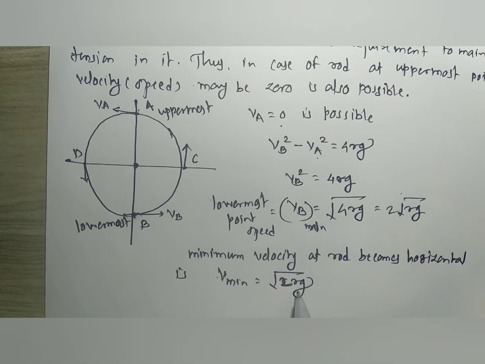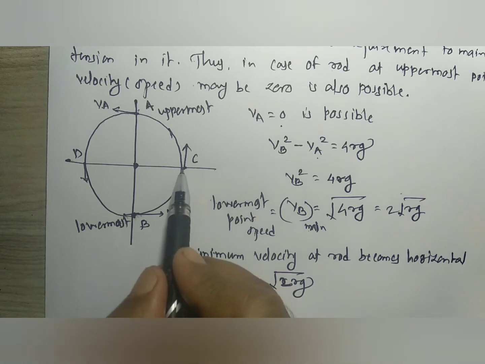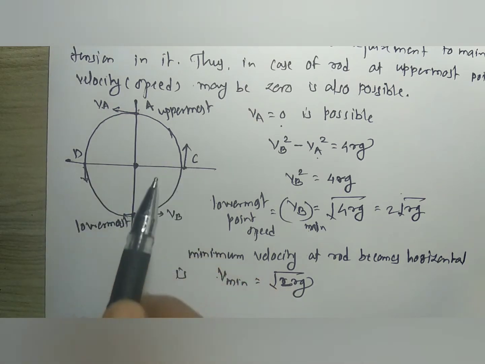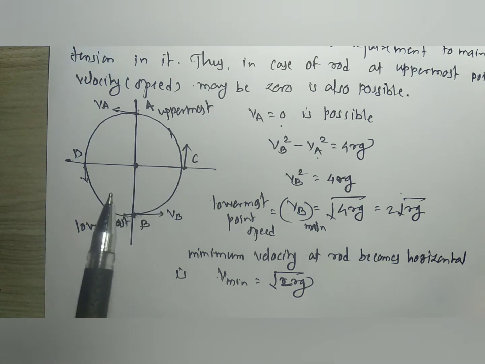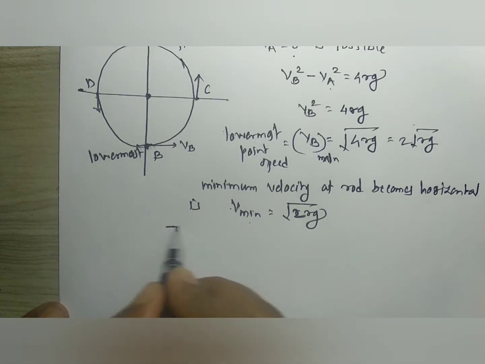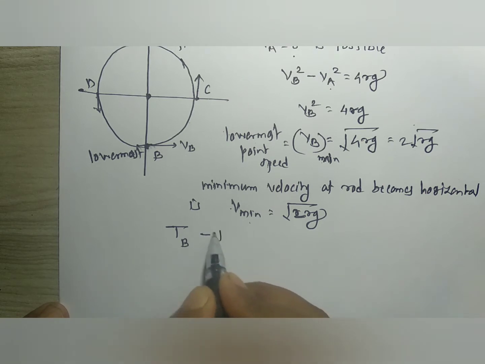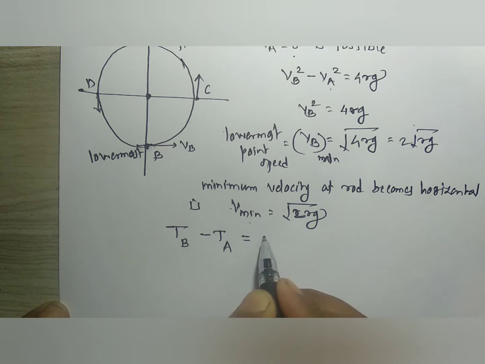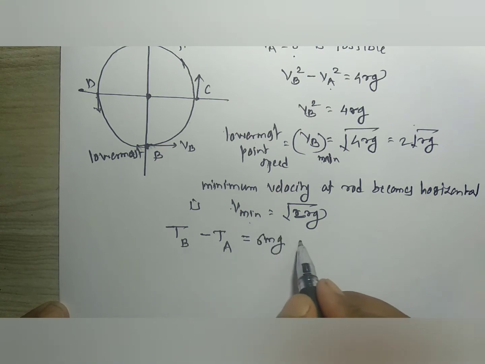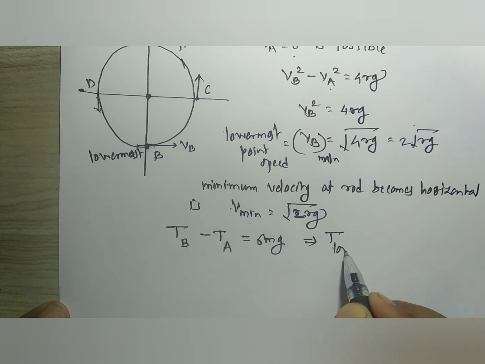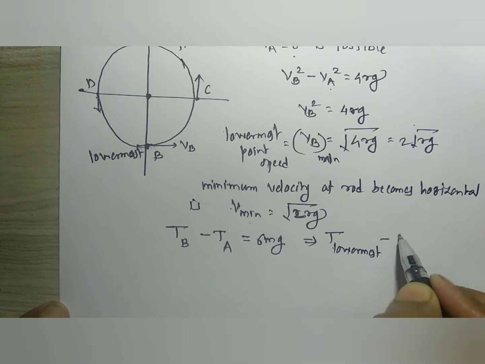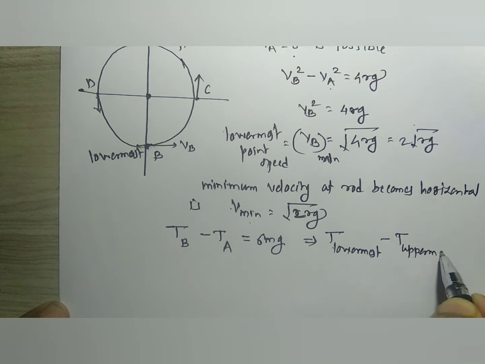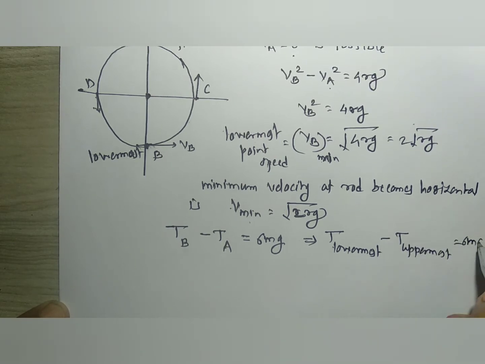root of 2RG. In a previous case, we know that at the points C and D, you will get the velocity at that horizontal position is square root of 3RG, and right now in this condition we will get V minimum equal to square root of 2RG, as well as the tension at the lowermost point, that means B, minus the tension at the uppermost point, that means A, is equal to 6 mg, and it also implies T lowermost minus T uppermost is equal to 6 mg.